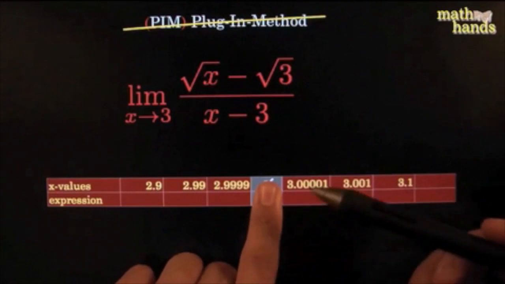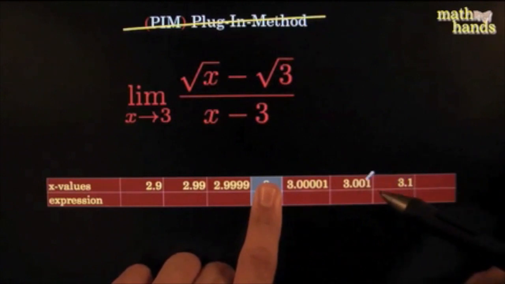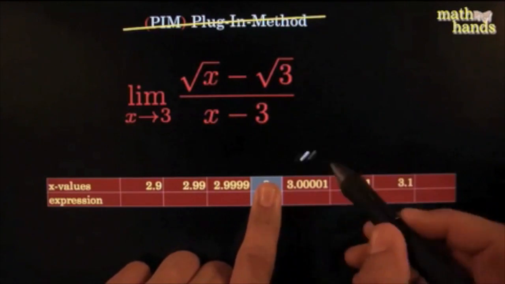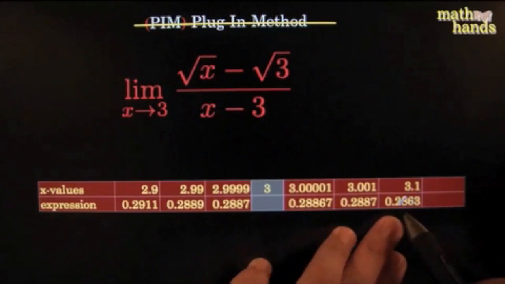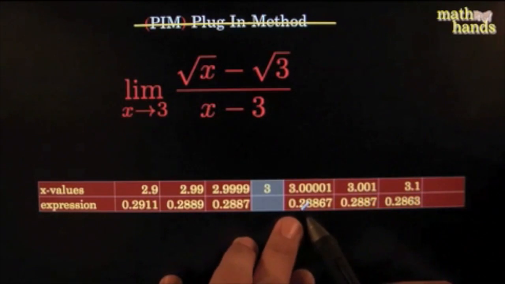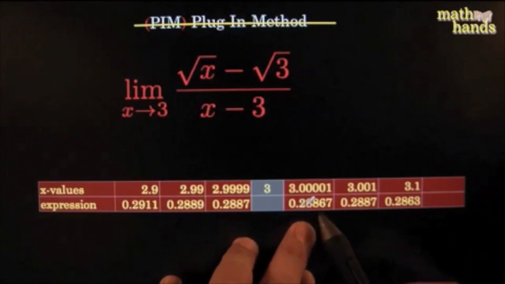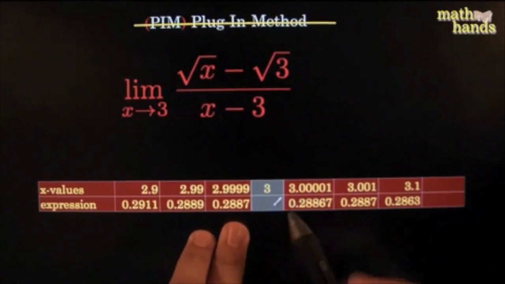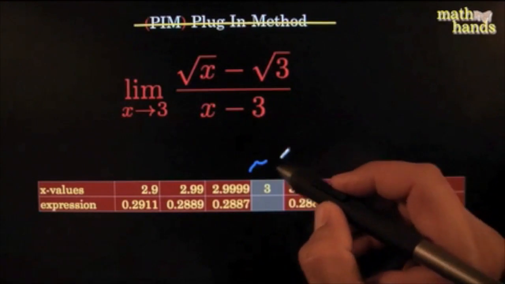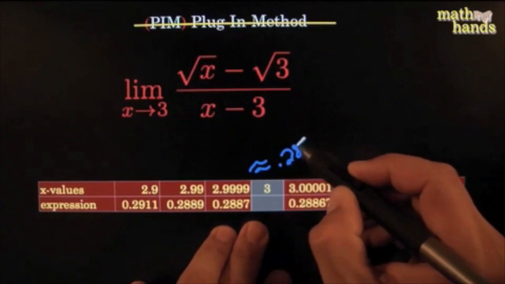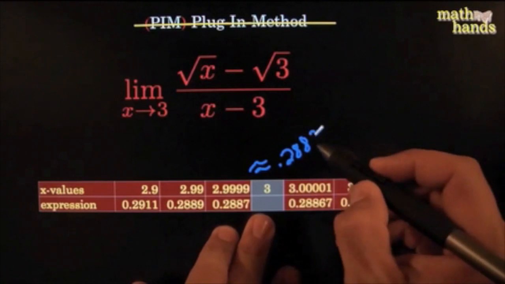On either side, I plug in these numbers. They're getting really close to 3 from the right and from the left. And then we compute them and say, well, okay, this is approaching 0.28886, blah, blah, blah. You've got to say that it's approximately 0.2887, something like that.